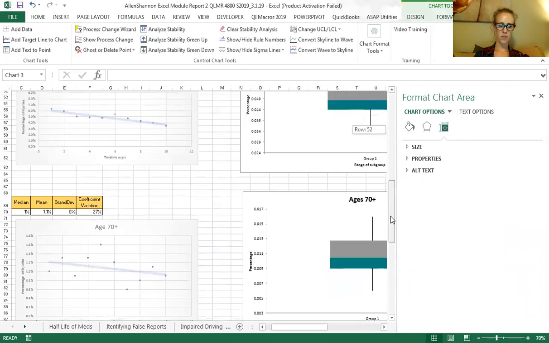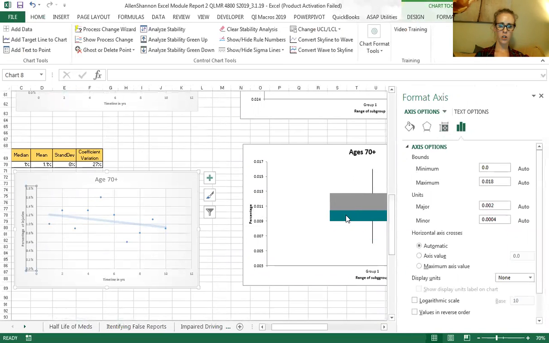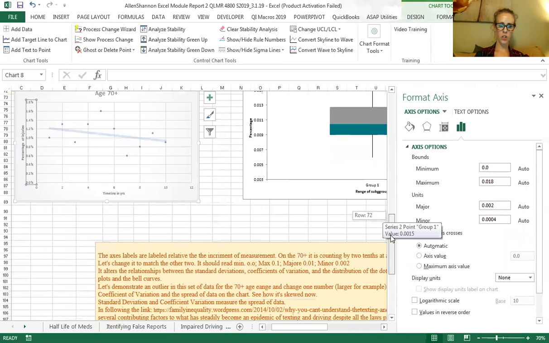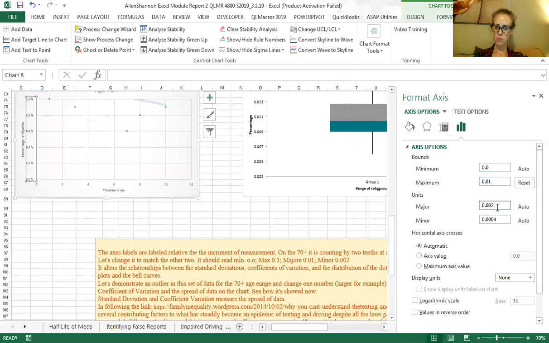You'll notice on the 70 plus, the increments are different. So I'm going to demonstrate how to match those up on this age group to meet our criteria. I've got a 0, and the max we'll change to 0.1. Major needs to be 0.01, and minor is going to go to 0.002.